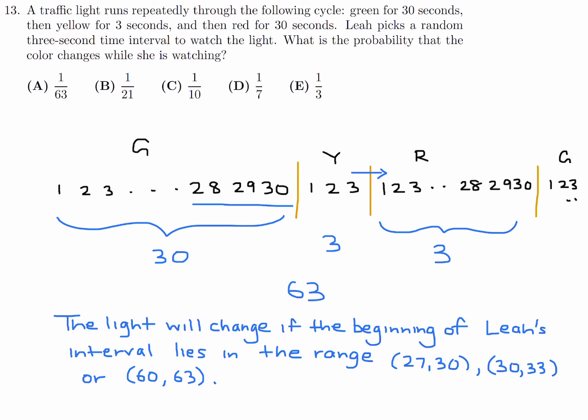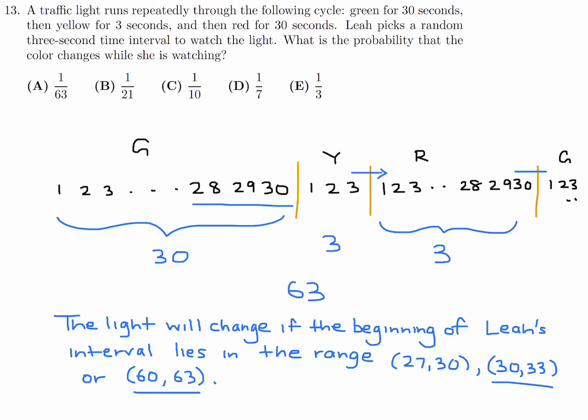If her interval begins in that range, she'll be able to observe the light turning from yellow to red. And finally, the last one, which is red to green in my 63-second interval, is basically going to happen if her interval begins within this range, 60 to 63 seconds.